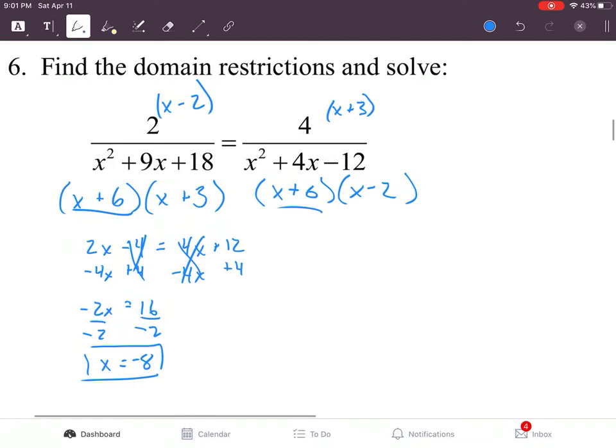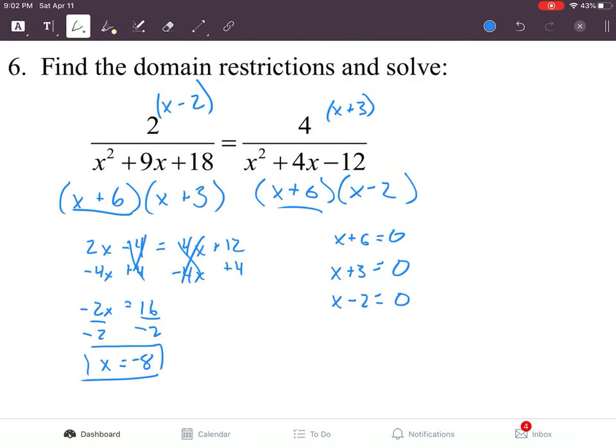All right, if you read the directions, it says find the domain restrictions and solve. For the domain restrictions, we're going to take our factors of our denominator, which are x plus 6, x plus 3, and x minus 2, and set them all equal to 0. You don't need to do the x plus 6 twice because it's already done once, and that's all it needs to be. We need to find out what x cannot be, because if you have a 0 in a denominator, you have an undefined fraction, and that's no good.